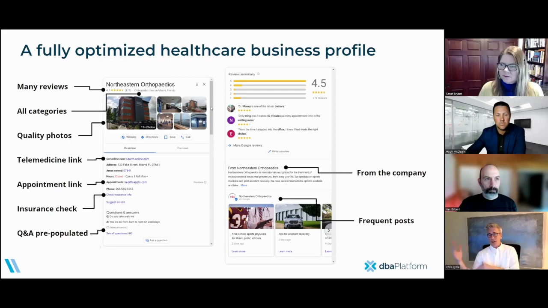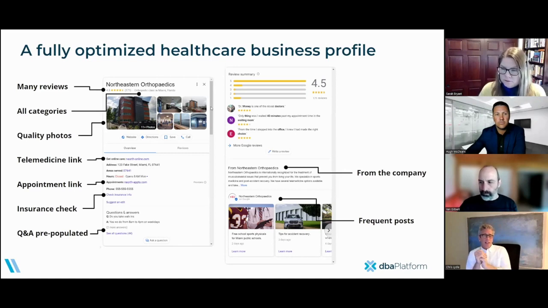So if it's a restaurant, they might be looking for a vegetarian, Black-owned place that's open now with delivery, right? So you want to make certain if you're a restaurant, they have every single thing that somebody might be shopping for, whatever those criteria are, in your profile. The categories are so important, and I'm going to talk a little bit more about how the healthcare categories are ever evolving.